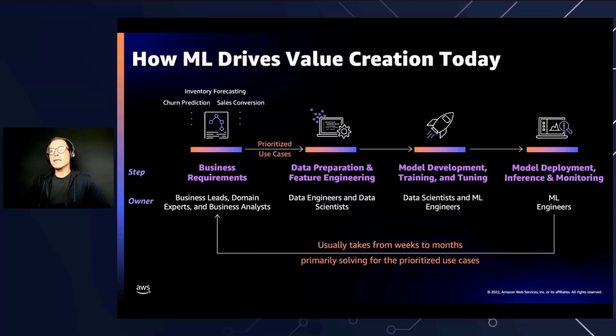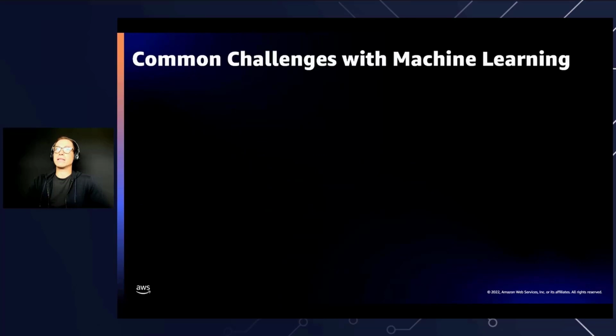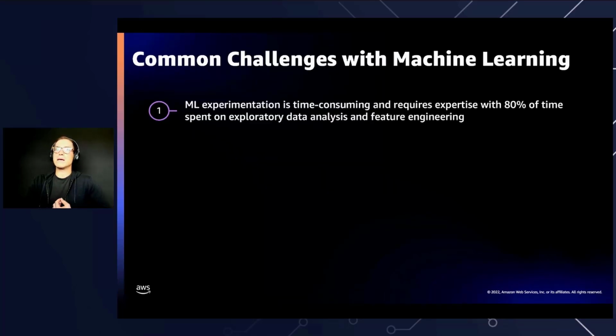So the question usually is, how can our business teams and the technical teams really scale the machine learning that they have? And it boils down to this common set of challenges that they have to solve for. First of all, they say that ML experimentation is really time consuming and it requires a big set of expertise.